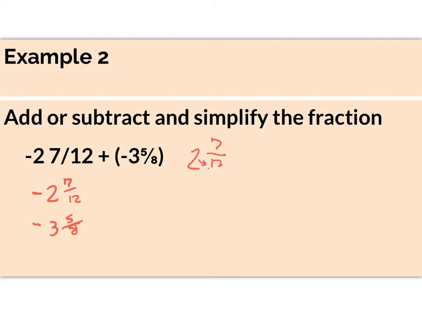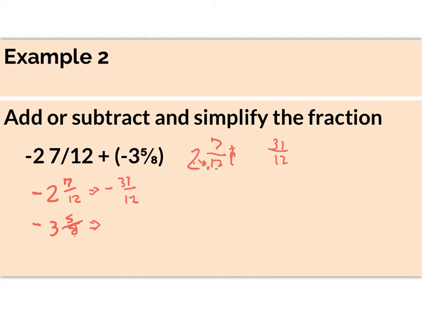We multiply, then we add. 2 times 12 is 24, plus 7 is 31. The bottom stays the same. So now we have negative 31 over 12. We're just converting these into equivalent fractions.